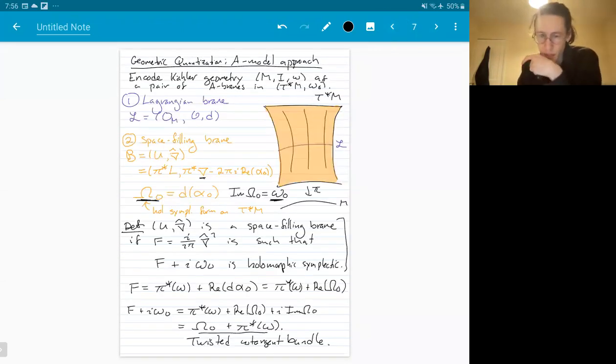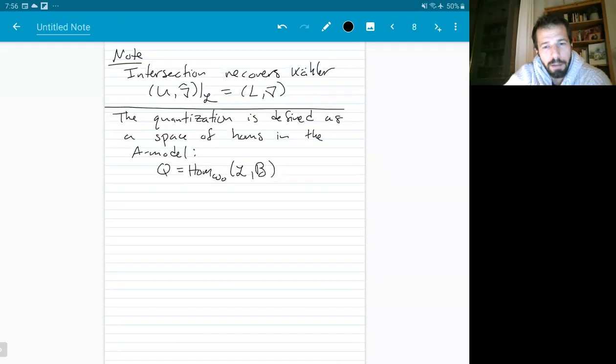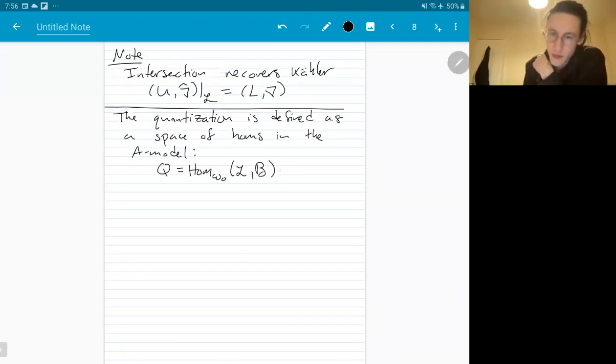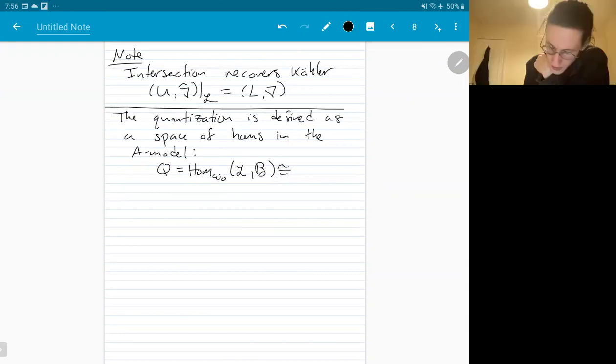Is that okay? And what is the relation between these two pictures? Because you said that you could realize the geometric quantization in the B model by means of the construction that you had before, and now you have this other picture, which is the A model side. How are these related? Yeah, so I claim that it should be the same thing.